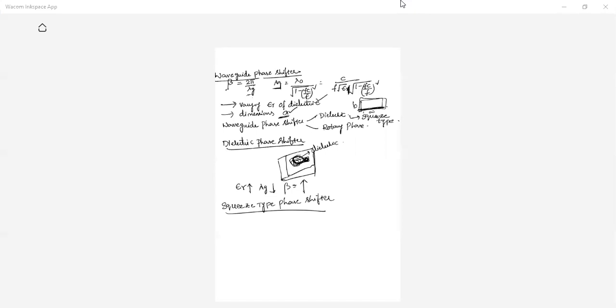In this, we are going to apply some force on the waveguide. A clamping arrangement is used to reduce the guide width, that means the waveguide width.